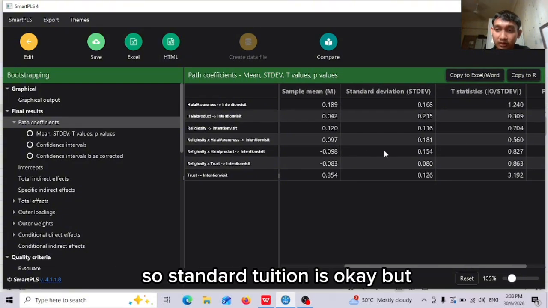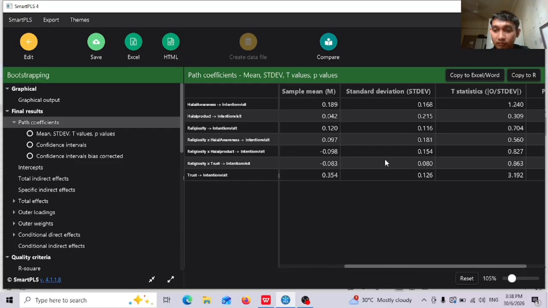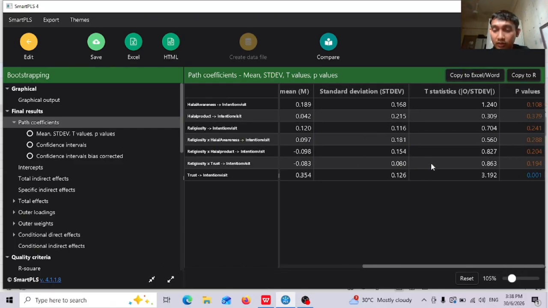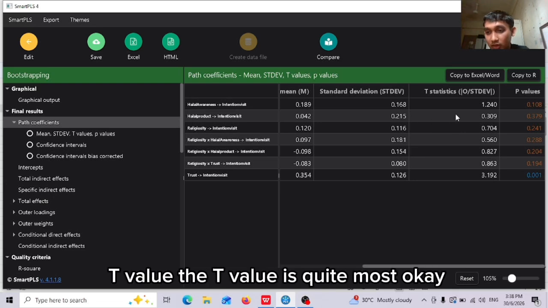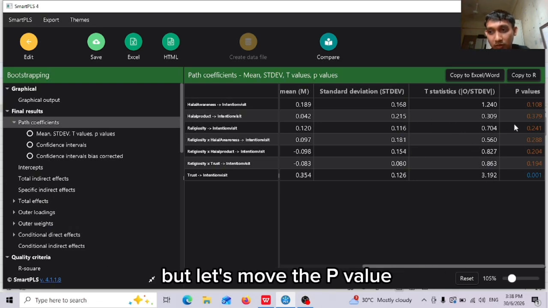So the standard deviation is okay. So move to the p-value. The p-value is mostly okay, but let's look at it.